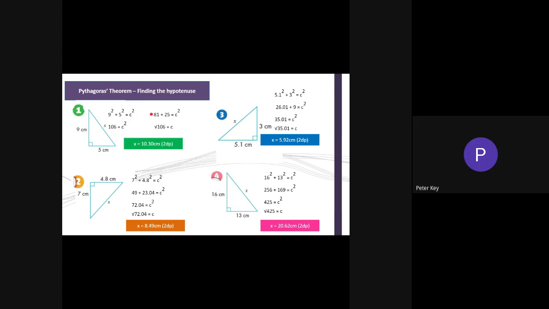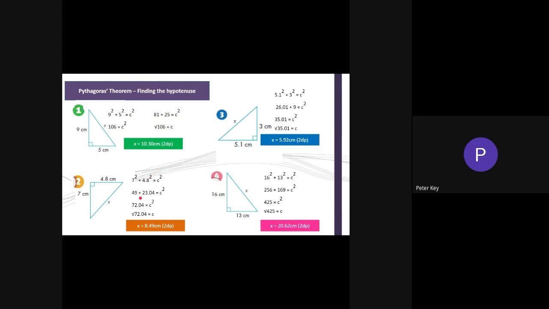So I've got 81 plus 25, so they're squared. 81 plus 25 equals c squared. C squared is 106, so I need to square root that. So x, or the hypotenuse, is equal to 10.30 to 2 decimal places.